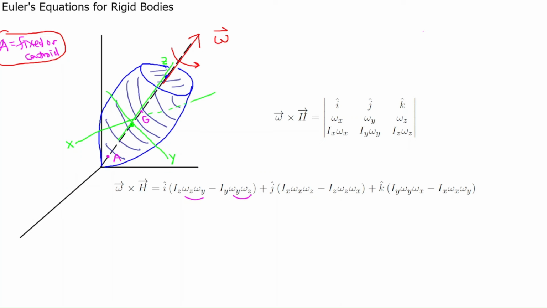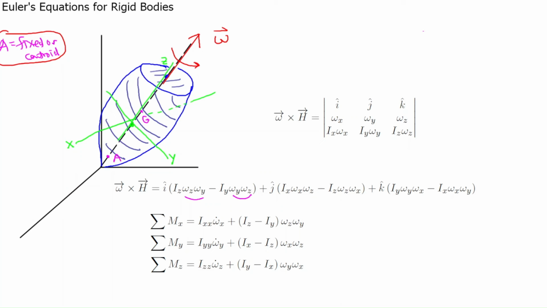So after I do that, I'm going to have a product of omega components along with a unit vector, and then times a difference in two of the principal axis moments of inertia. So for this first case, it's going to be an I sub z minus I sub y. All right, so now let's put these all back together in our sum of moments formula.